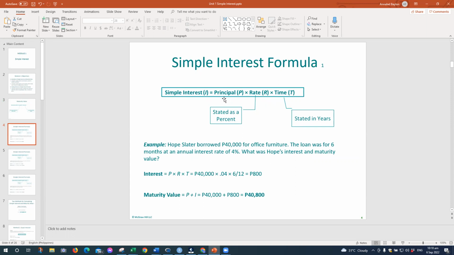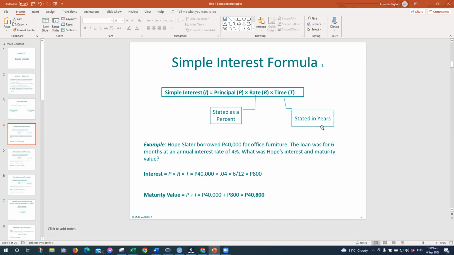You have the principal, you have the rate, which can be stated as a percent or a decimal, and time. The practice is that time should be stated in number of years.